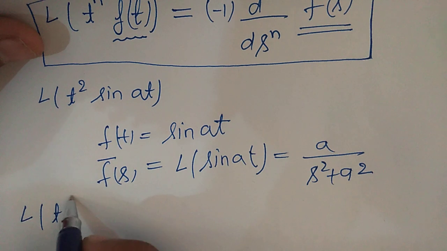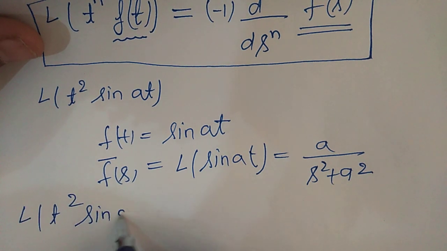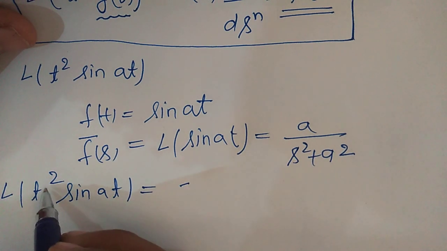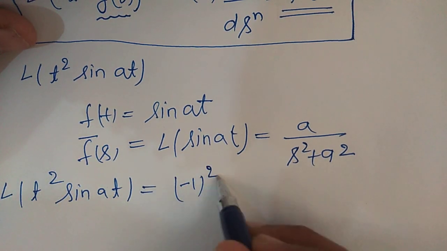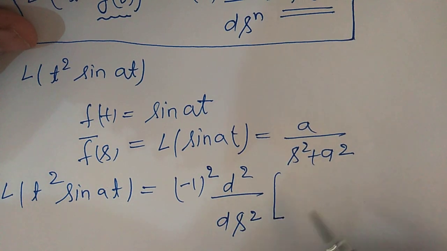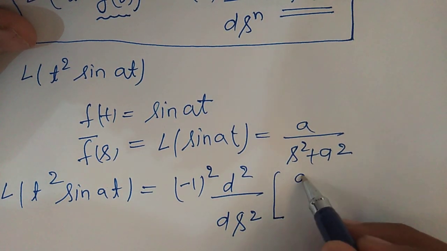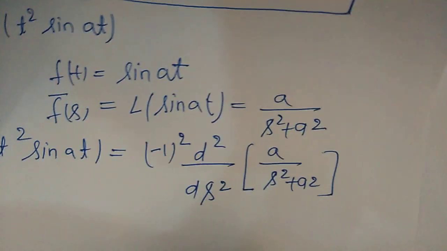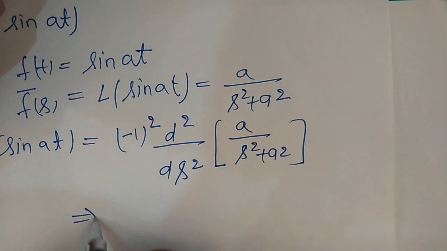Then Laplace of t square sin at equals, with n equal to 2 here, minus 1 power 2, d2 by ds square of F s, where F s equals a upon s square plus a square.